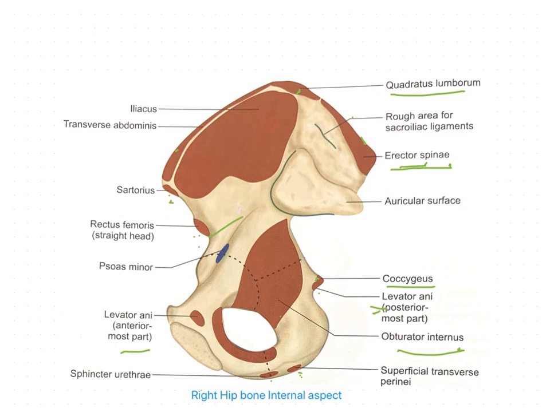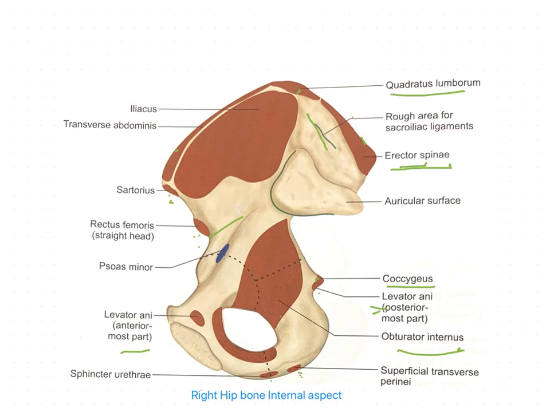And also some of the ligaments are attached on the medial aspect, on the rough area that is called the iliac tuberosity. So the attachments near the iliac tuberosity: it gives attachment to the interosseous sacroiliac ligament in the greater part.